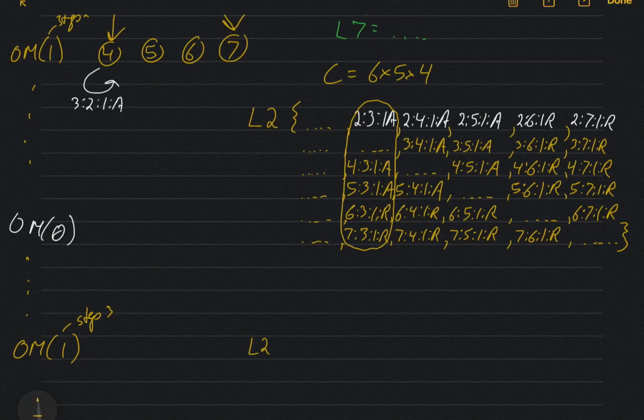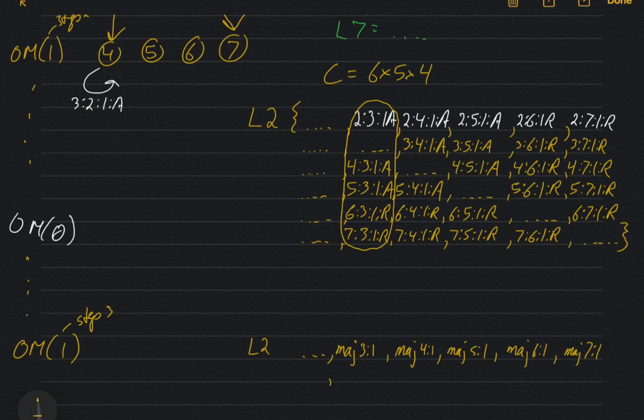So we could say that is taking the majority of the 3-1 column, the majority of the 4-1 column, the majority of the 5-1 column, majority of the 6-1 column, and the majority of the 7-1 column, and these will be the values that it uses. So the majority, and the first column is not filled in yet. So the majority values here, we've got attack, attack, attack, retreat, retreat.